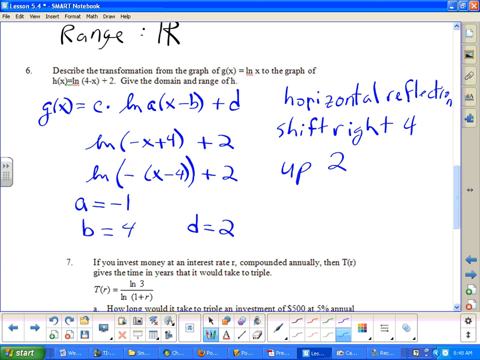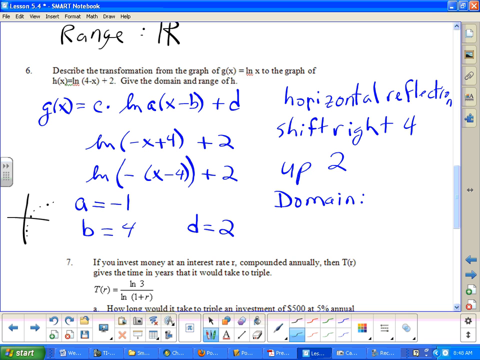So, our domain now. This graph was here, that dotted line. Now, because of the horizontal reflection, it's going to go over to the left as it's moving.